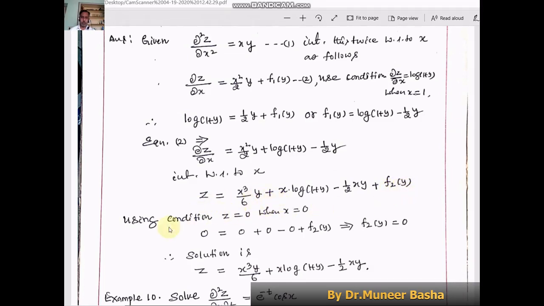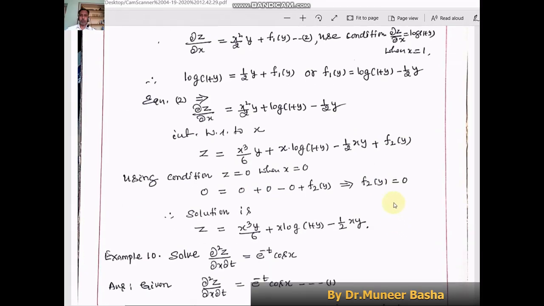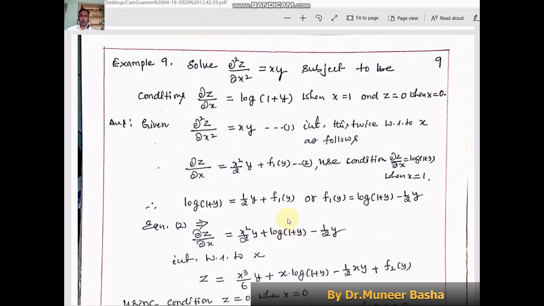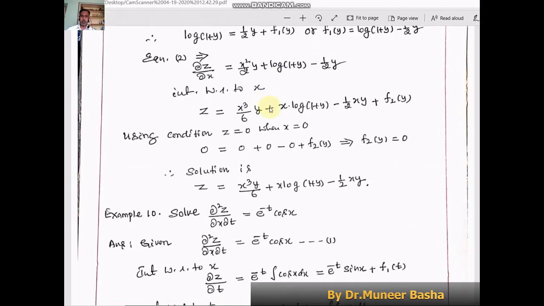So now in this one, use the given condition z equals 0 when x is equal to 0. Put z equals 0 here, x is 0, so f2(y) value will be 0. So the final solution is z equals x cube by 6 into y plus x log(1 plus y) minus half xy. This is the required solution of the given partial differential equation, that too non-homogeneous.